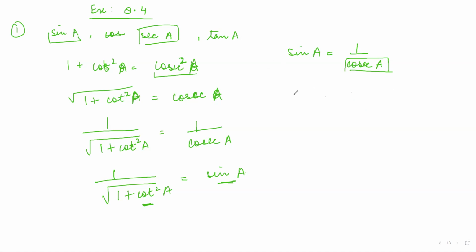Use the sec identity directly. 1 plus tan square theta is equal to sec square theta, or A. Find the value of sec A from here. You also have to convert this tan into cot, because I want my answer in cot. So 1 plus tan square A can be written as 1 plus 1 upon cot square A, which is equal to sec square A.